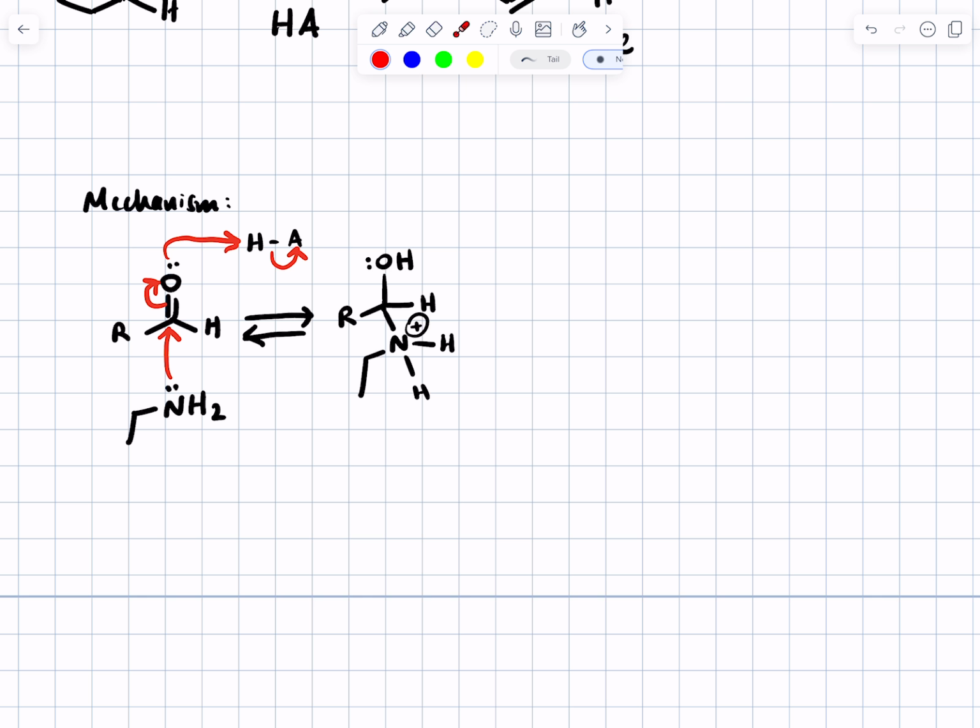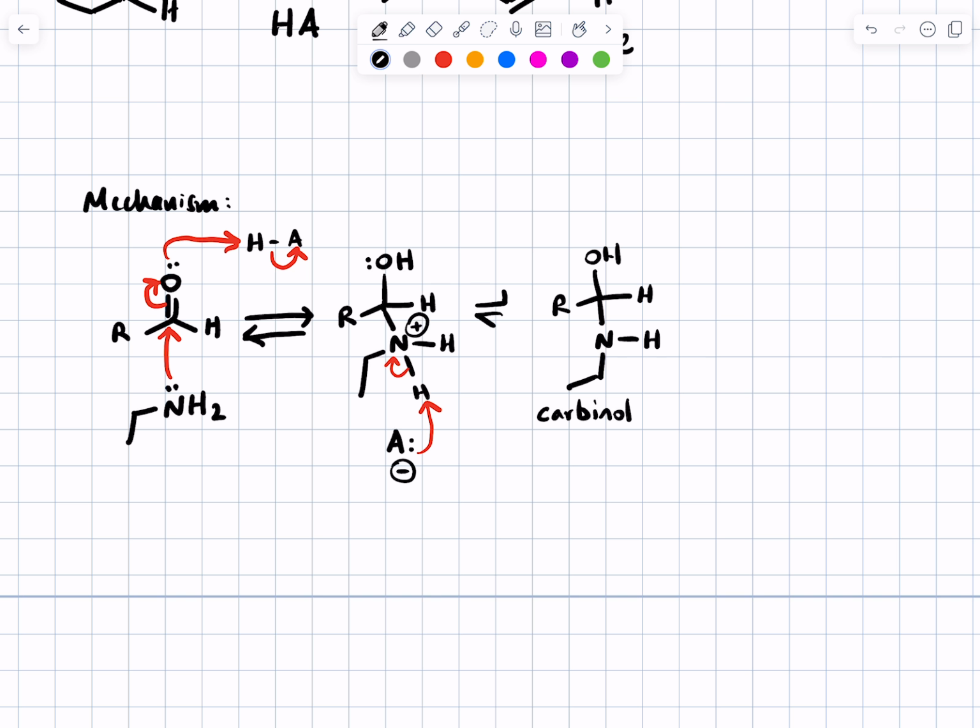But if instead we regenerate our acid catalyst by having the conjugate base of our acid remove a proton from that ammonium group, that will generate an intermediate, which is found in your text. You have the carbonyl carbon, what used to be the carbonyl carbon, now attached to an oxygen and a nitrogen. That intermediate, just as a reference point, is called in your text a carbonyl amine.